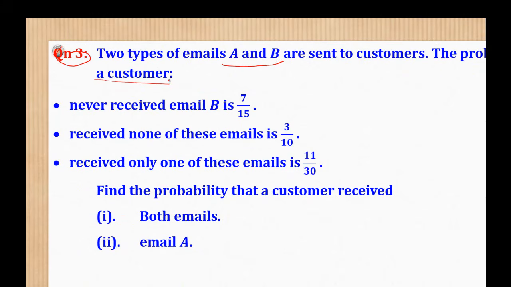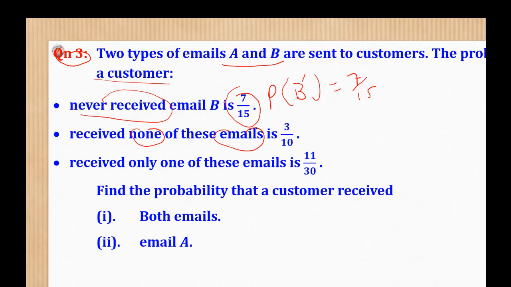The probability that a customer never received email B is 7/15. So probability of never received is the same as probability of B complement. Then the probability that a customer received none of these emails. None of these emails means neither A nor B, which is 3/10.